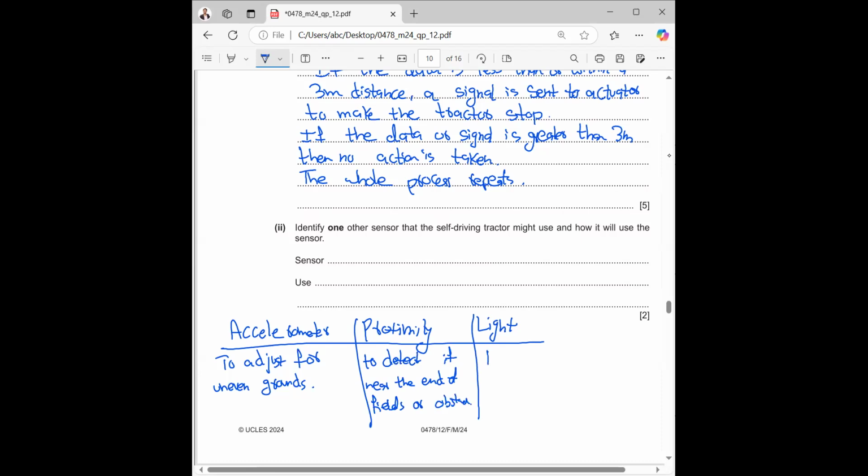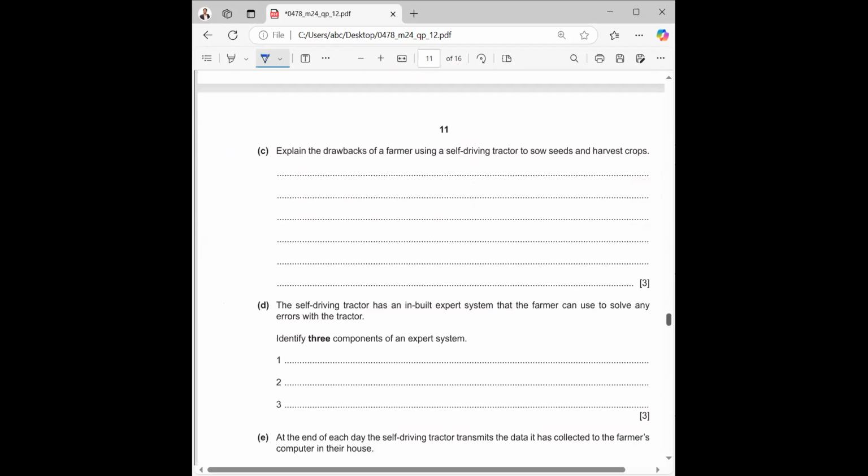Light sensor is to identify when to turn the headlights on. So you can write any one from it.